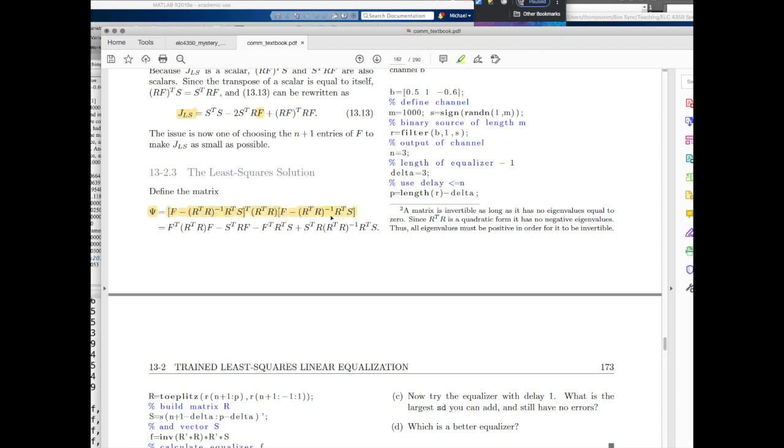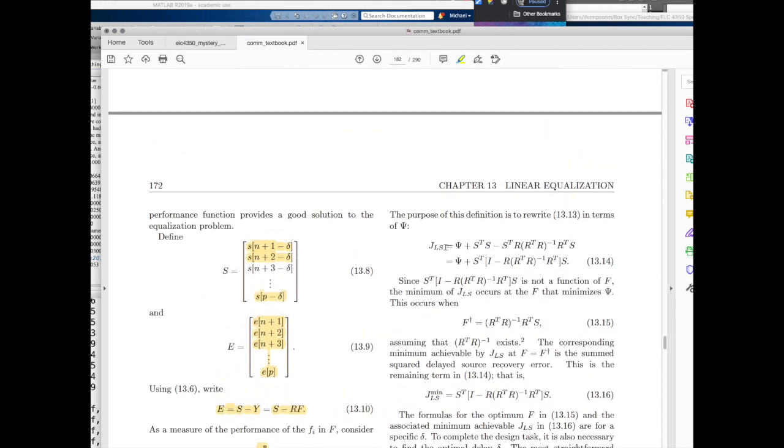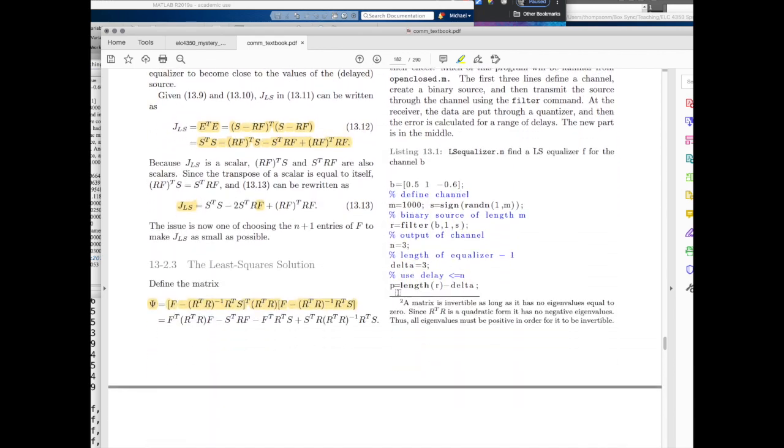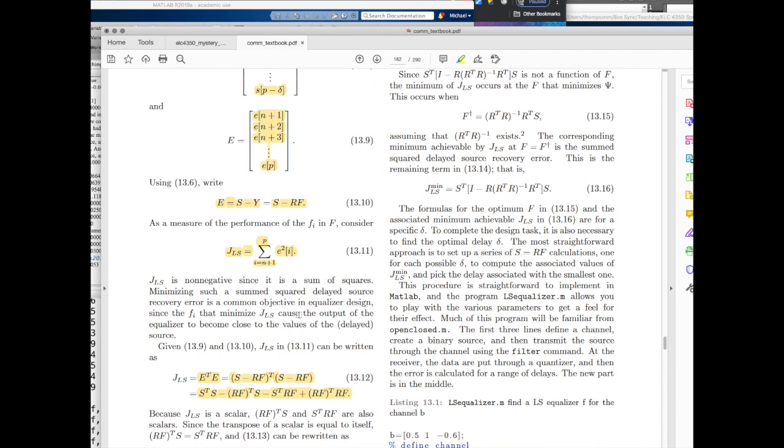It turns out that you can write the cost function as psi plus a bunch of other stuff. In fact, I played around with this. You plug psi back into here, and you can show that this all boils back down to equation 13.12.